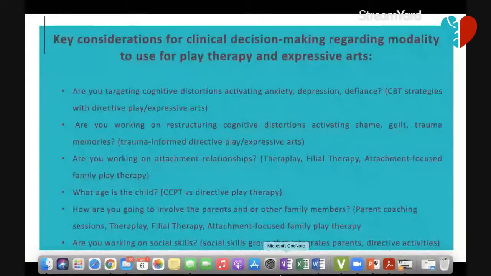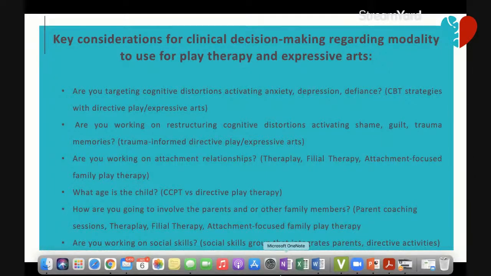So, here are some things to think about when you're thinking about play therapy and expressive arts. Are you targeting cognitive distortions that are activating anxiety, depression, or defiance? Because if that's the case, you probably want to think about some CBT type of strategies, and those are going to be using more directive play therapy and expressive arts.